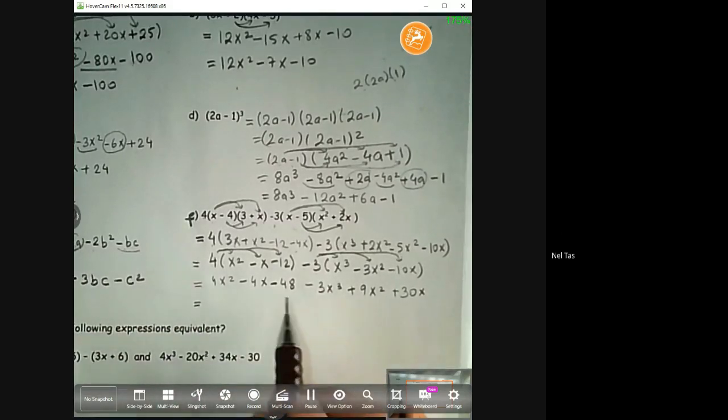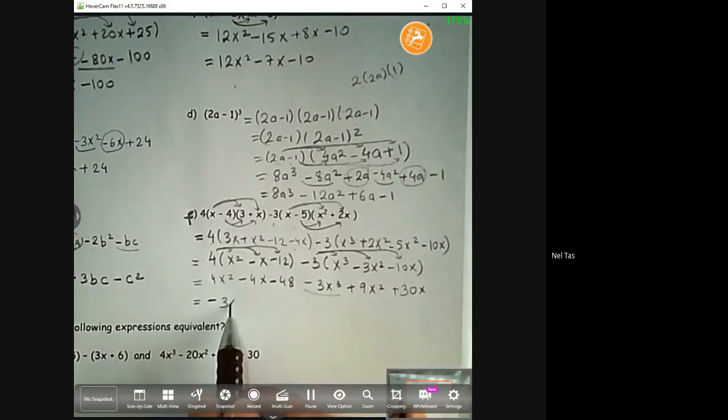Okay, so I'm gonna put it in descending order. Descending order means you write the terms, but first you write the terms with the highest exponent, and then go to the lowest. Okay, so I have only one x cubed, so negative 3x cubed.